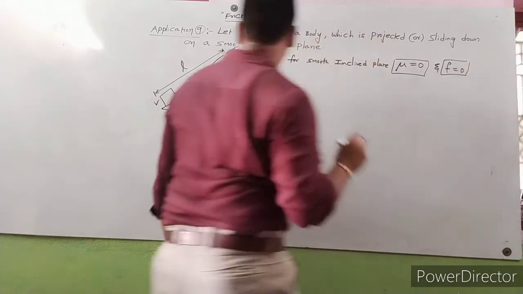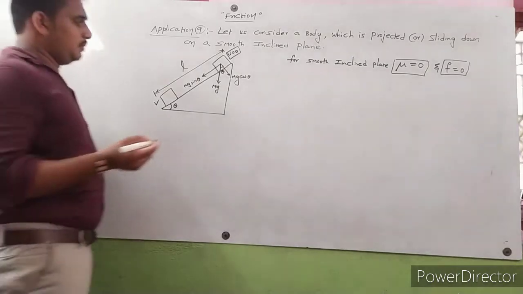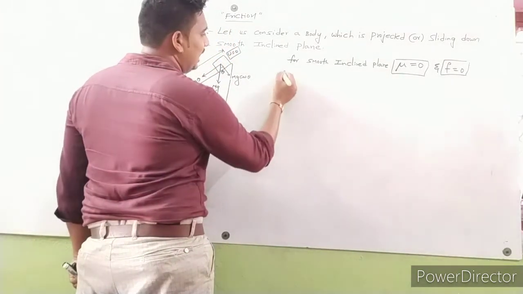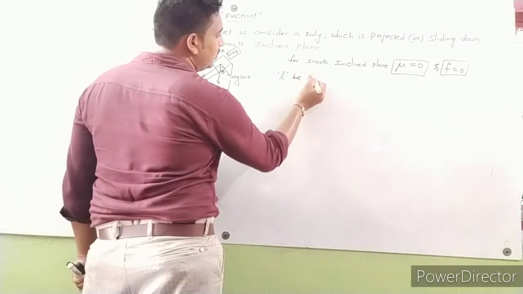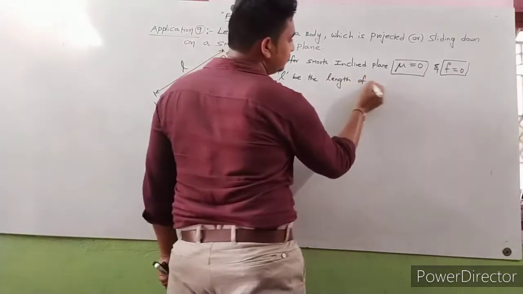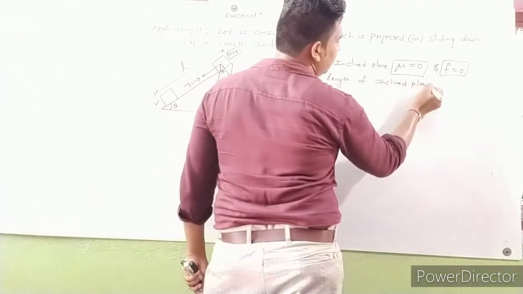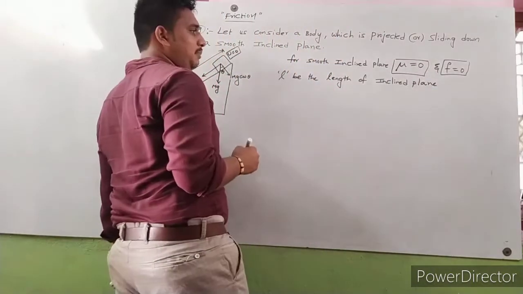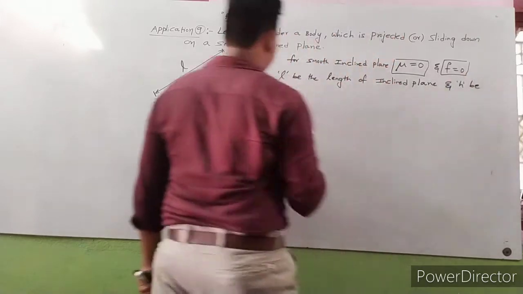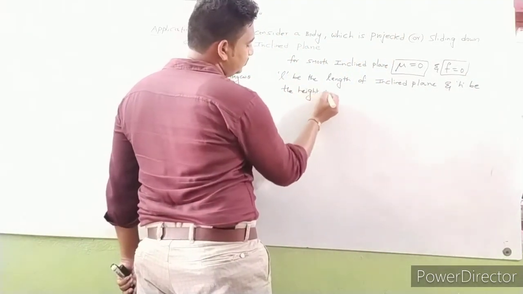So for this one, let L be the length of the inclined plane, and h be the height.